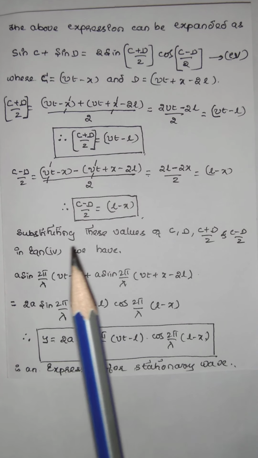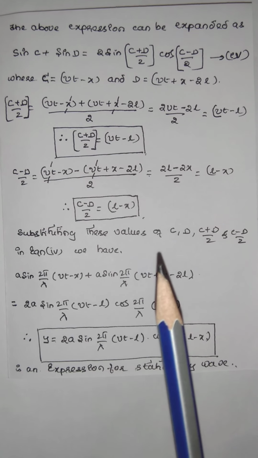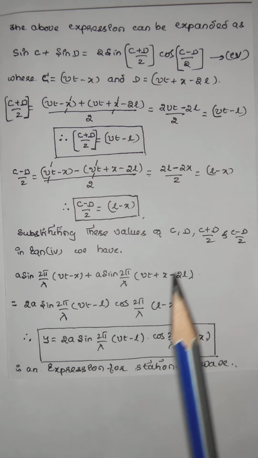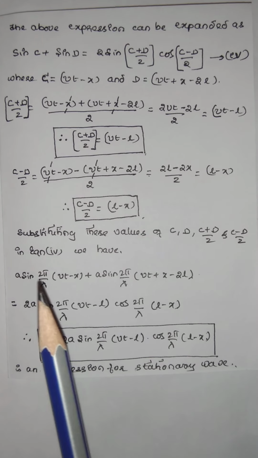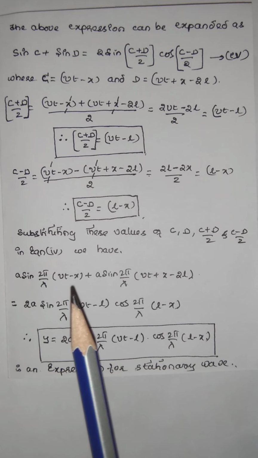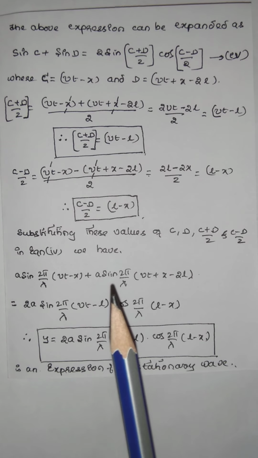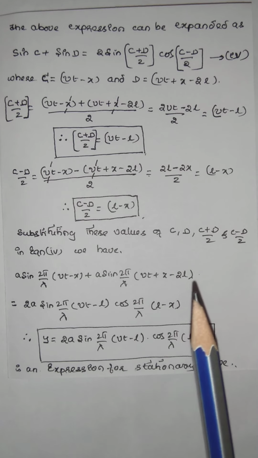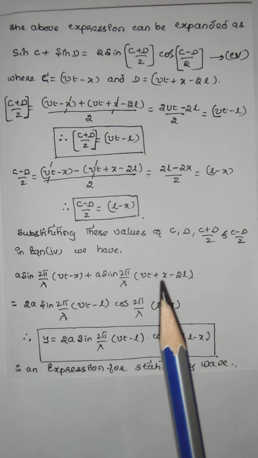Now, on substituting these values of (C plus D) by 2 and (C minus D) by 2, we have a sin 2 pi by lambda into (Vt minus x) plus a sin 2 pi by lambda into (Vt plus x minus 2L). This is the term to be expanded.